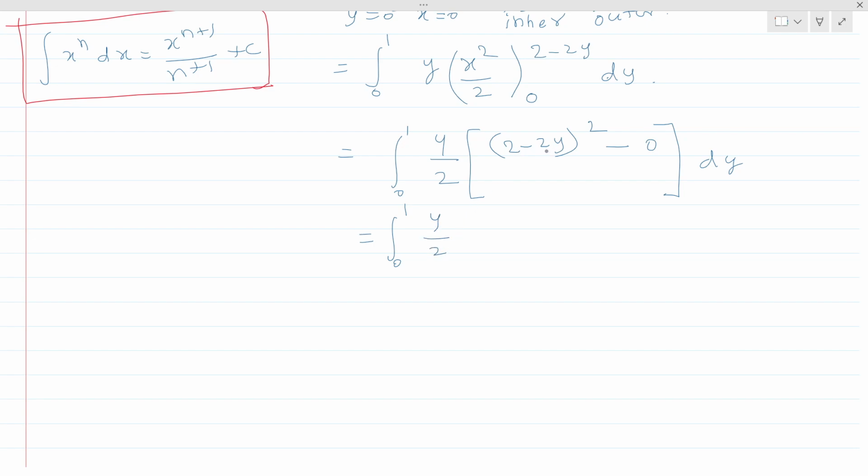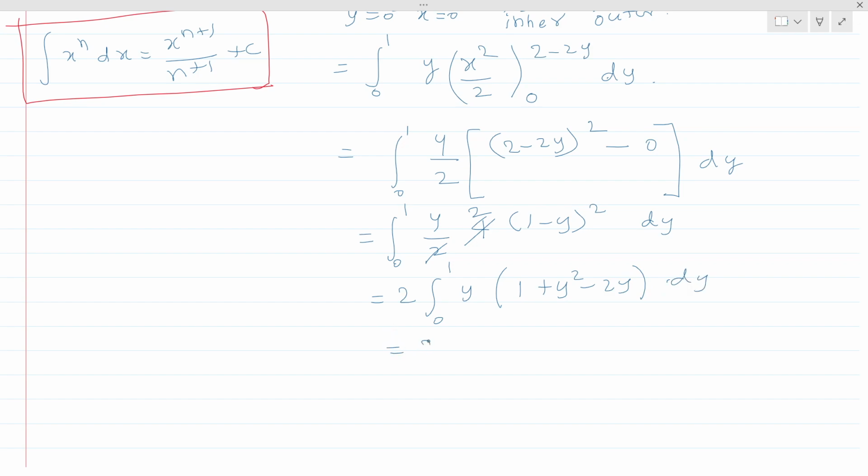If you take 2 outside, then 2 square is there, that means 4, 1 minus y square dy. Simply we can cancel the 2 here, taking the 2 outside, integral from 0 to 1, writing y here, expand 1 minus y whole square. That means 1 plus y square minus 2y, dy.